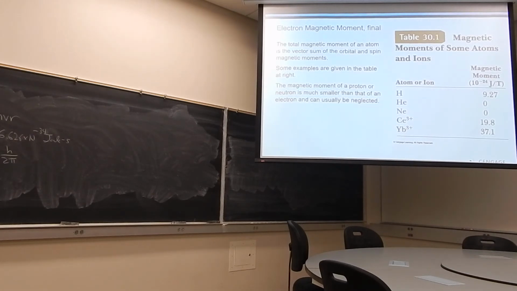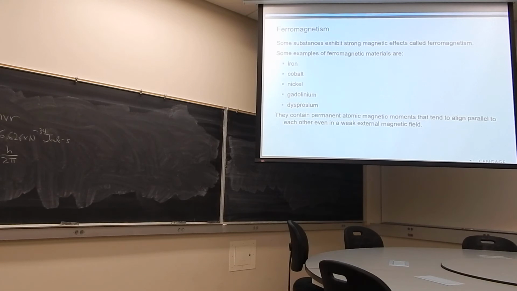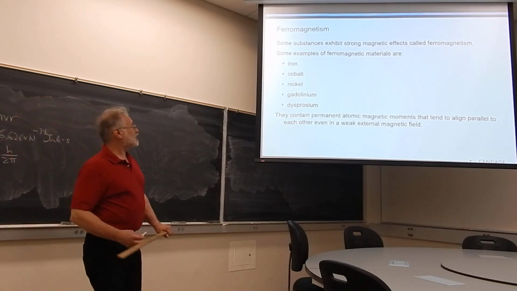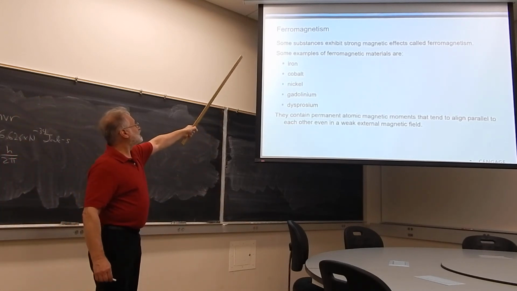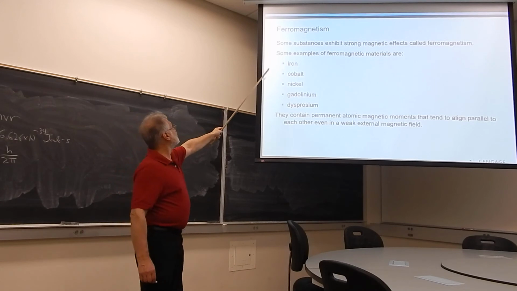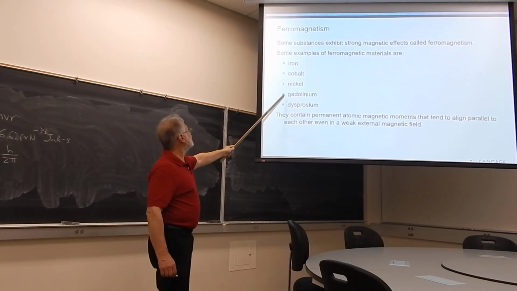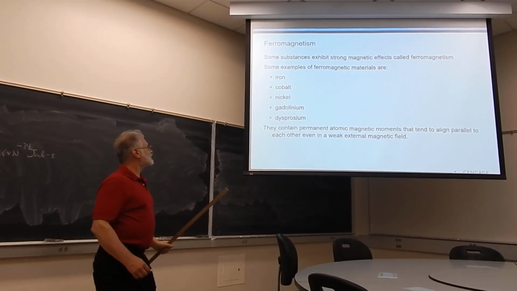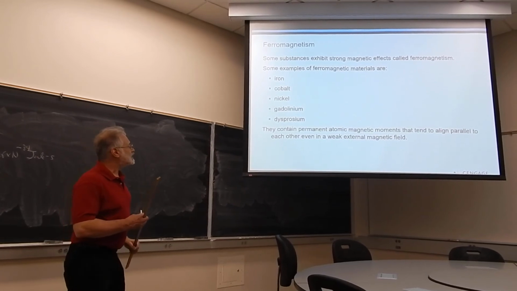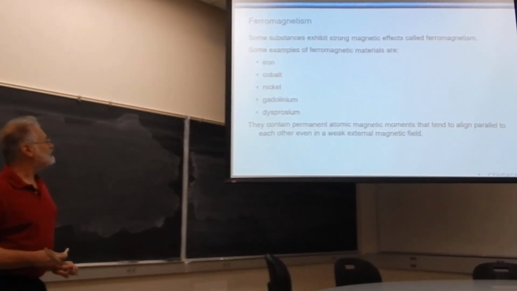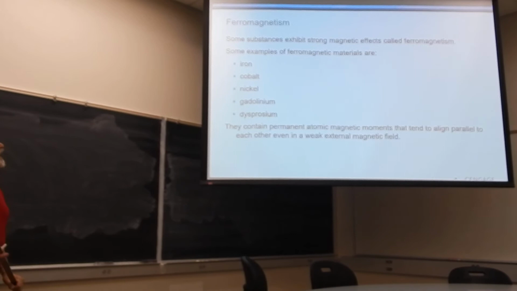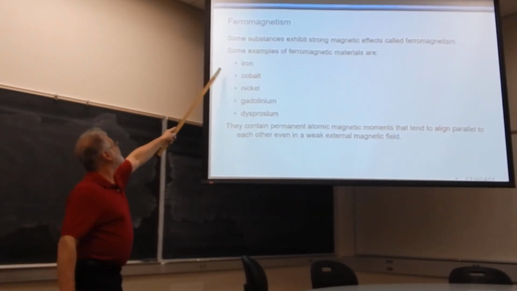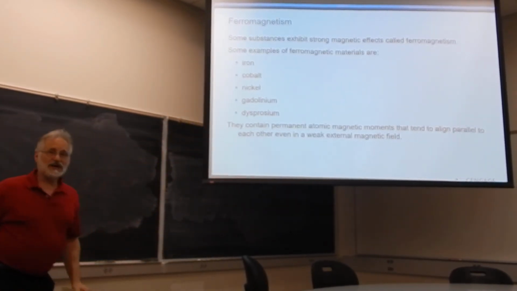For example, elements with unpaired electrons will show magnetic properties. Strong magnetic properties we call ferromagnetism, in ferromagnetic materials such as iron, cobalt, nickel, gadolinium, dysprosium, and some others as well. Typically, if you have a magnet made of an element such as this, the magnetic field is very strong.